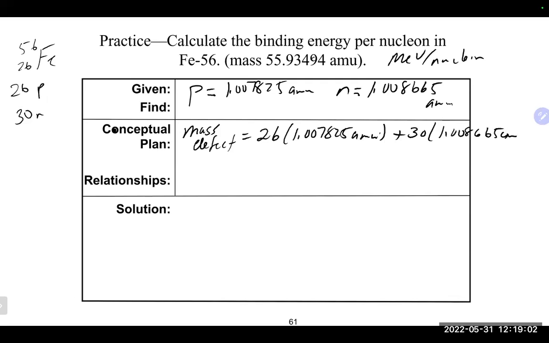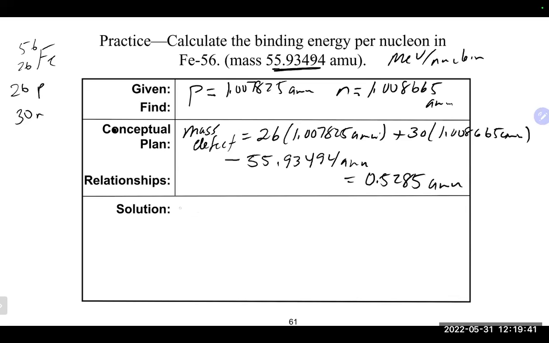And once again, we're going to subtract it from the isotope's mass, which was given to us, 55.93494 AMU. That is going to get us 0.5285 AMU.